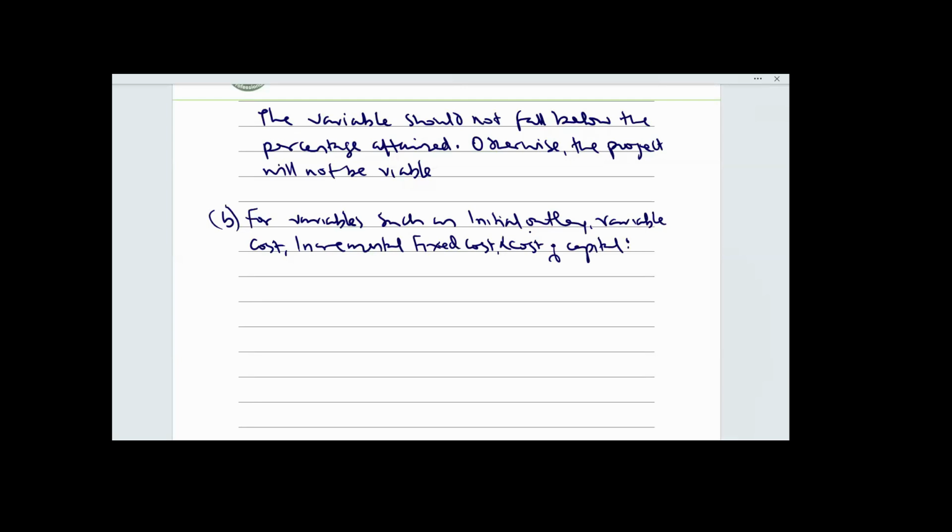the interpretation should be that the variable should not increase beyond the percentage attained.